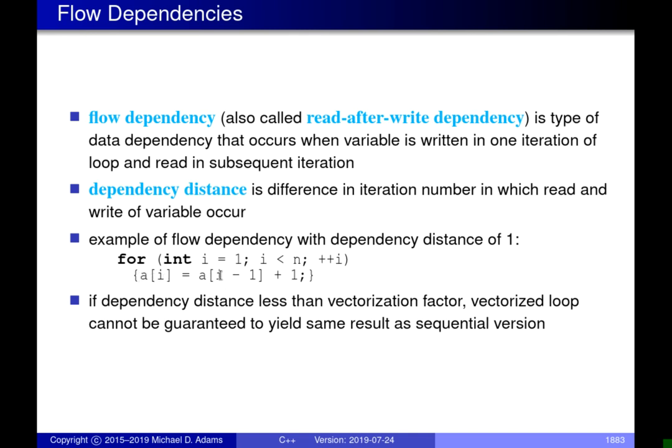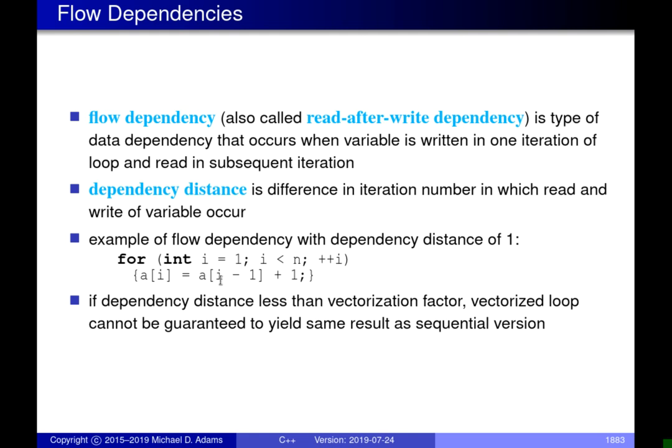In particular, the thing we're reading here was written in an iteration that differs by 1, the immediately previous iteration. So the dependency distance, which is the difference between the iteration where you're reading and the one where you're writing, is 1 in this case.